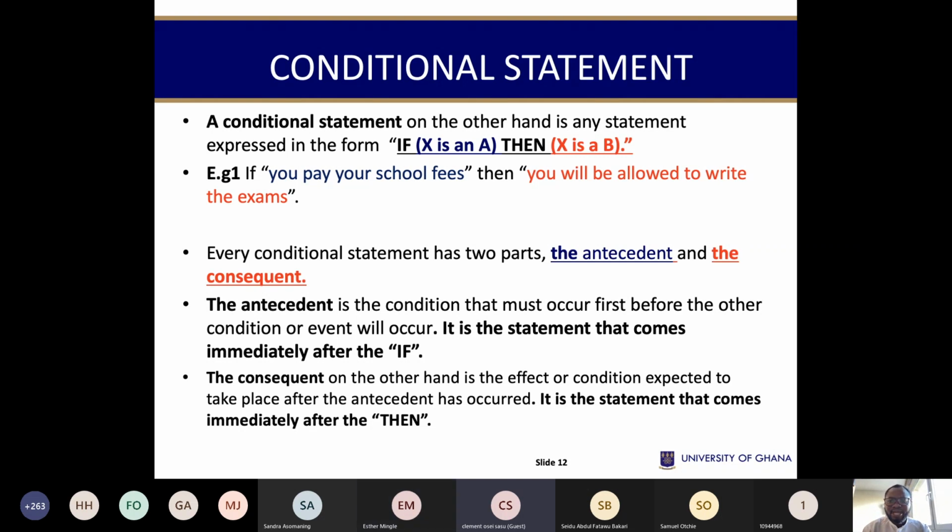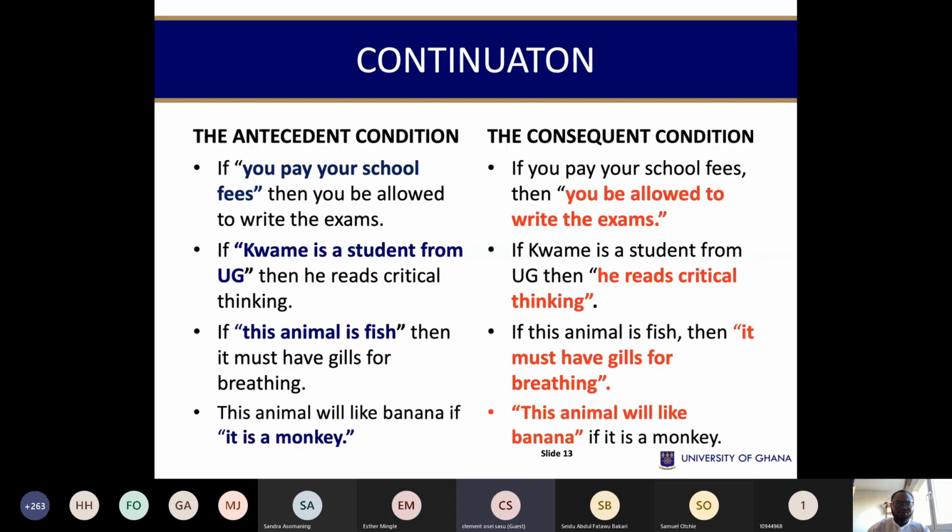Then you will be allowed to write the exams is the consequence. Always the antecedent must occur first, before the other condition or event will occur.